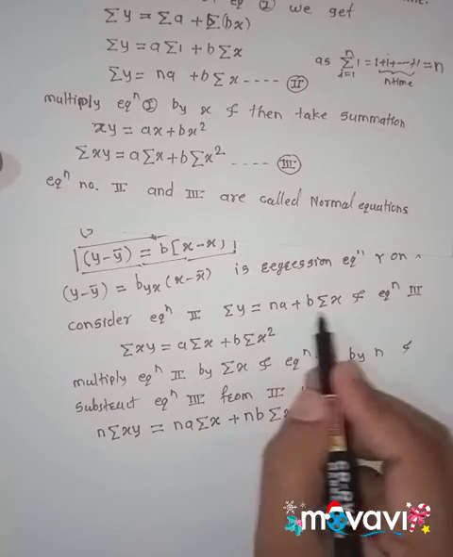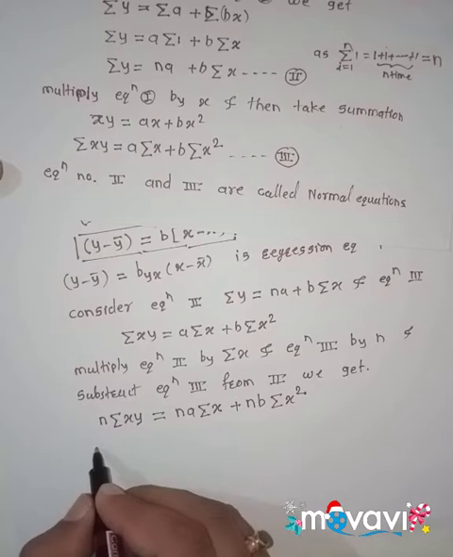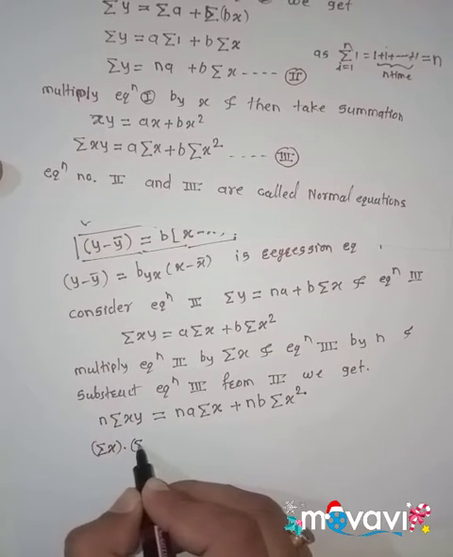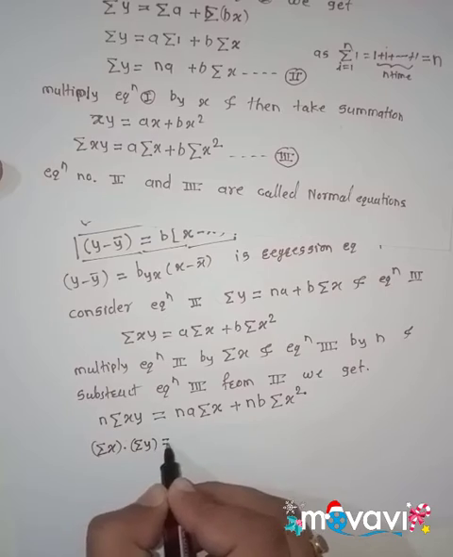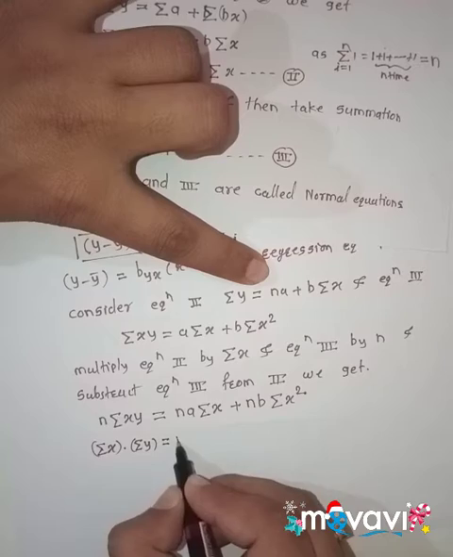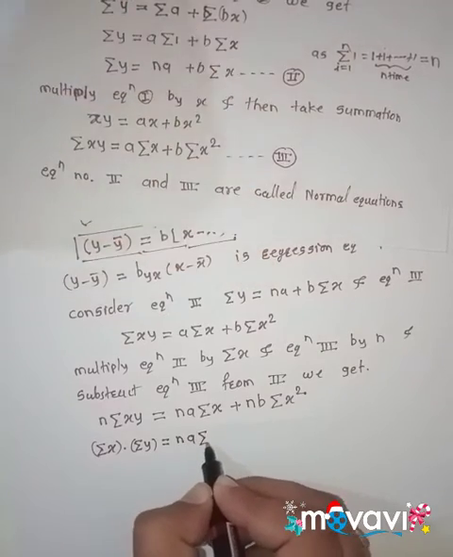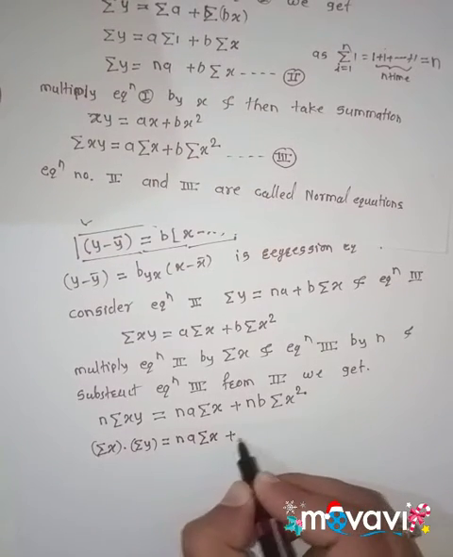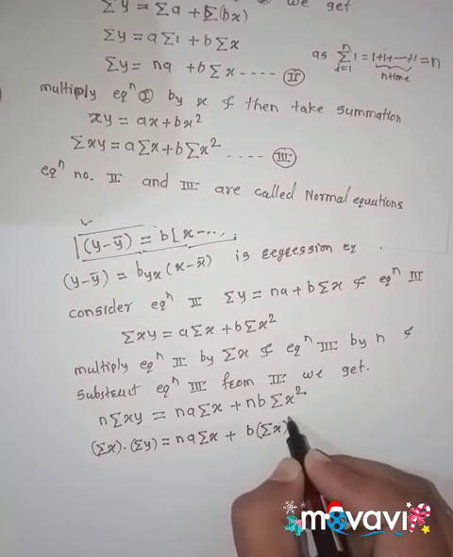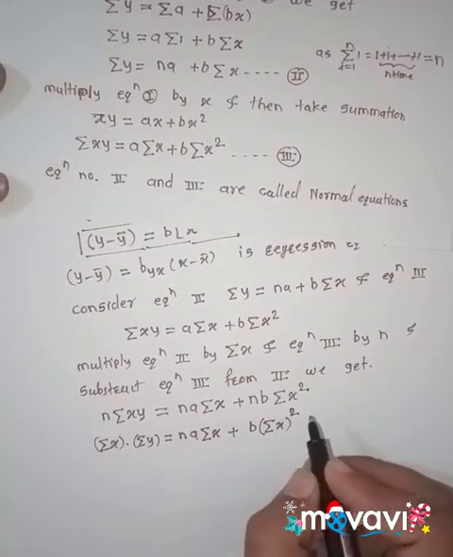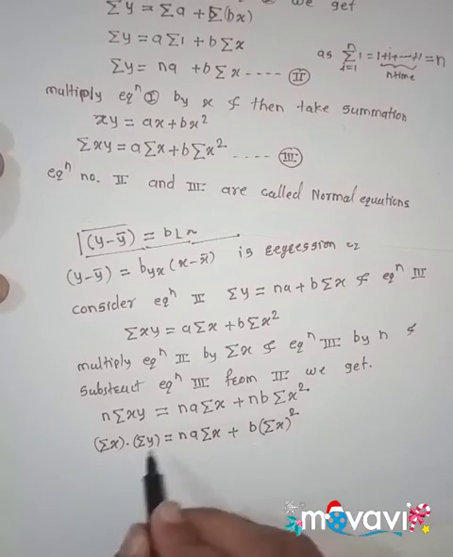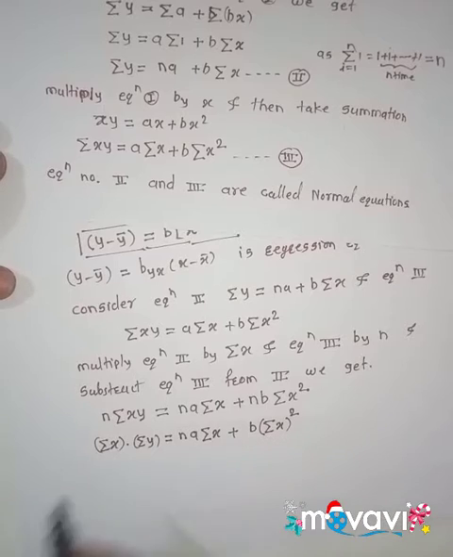If we multiply equation 2 by summation x, we get summation x into summation y is equal to na summation x plus b summation x into summation x, which is summation x bracket square. We have to subtract this equation number 3 from equation number 2.